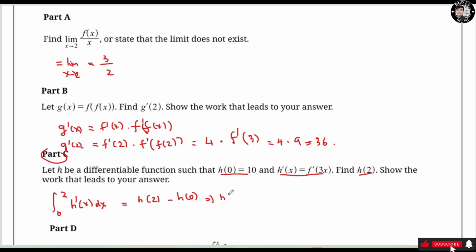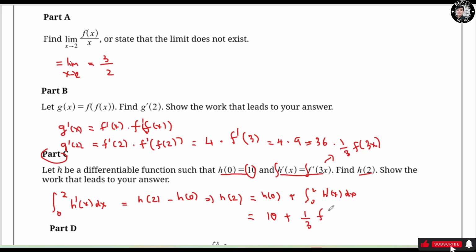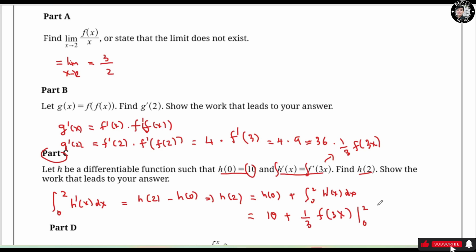So then h of 2 equals, h of 0 is 10 right here, plus the antiderivative of h prime of s, actually this one right here. If we take the antiderivative of this one, it turns out to be 1 over 3 f of 3s, right? So it's going to be 1 over 3 f of 3s evaluated from 0 to 2, right?